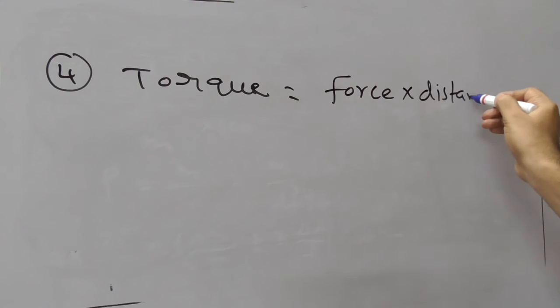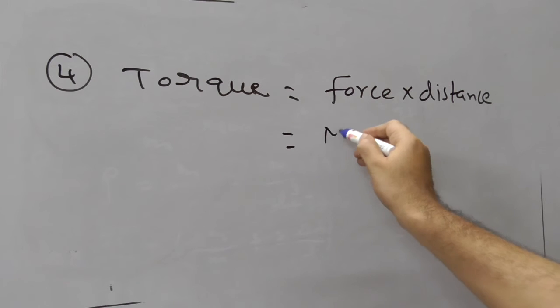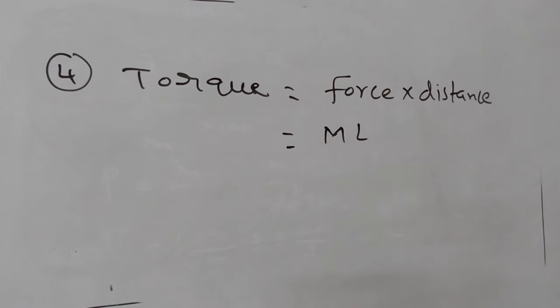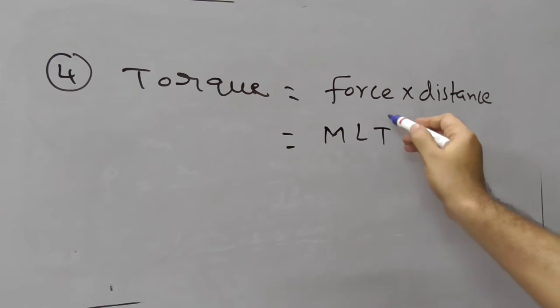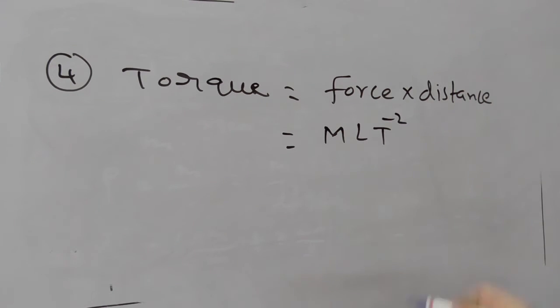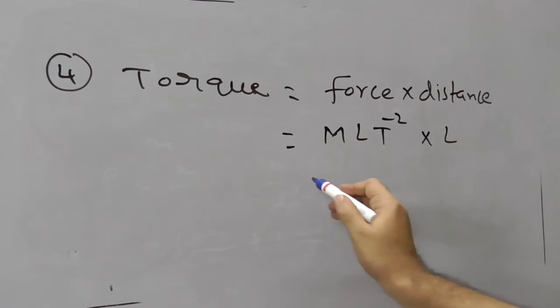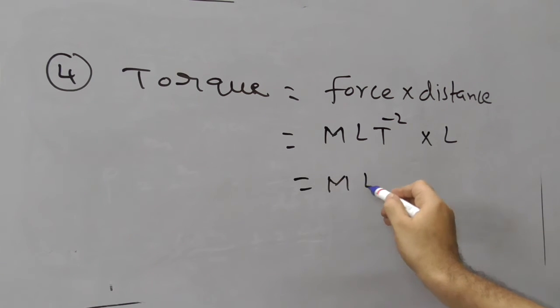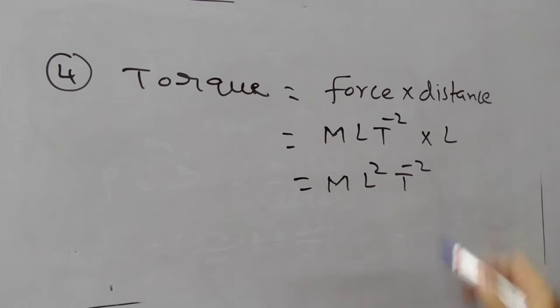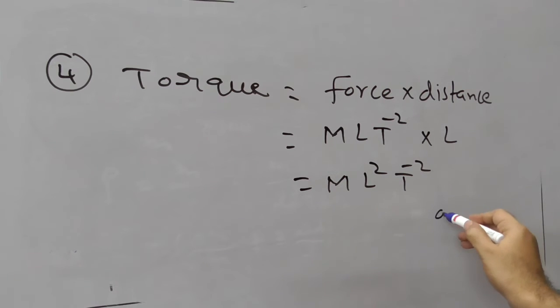Just read the dimensions, the units and dimensions table I have already given. Just practice that perfectly and we get the answer. The force dimension formula, as you all know, is M L T minus 2, distance is represented by L, therefore the answer is M L square T minus 2, right? So the first option is the answer here, answer A.